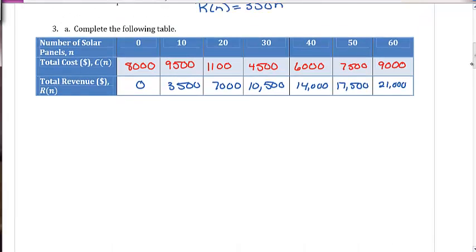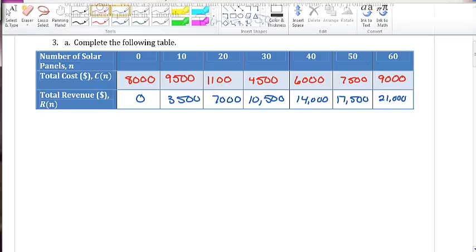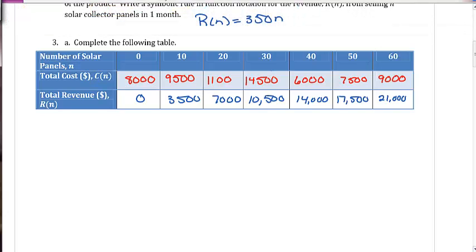Okay, and then, oh, I have some mistakes in my table. Let me go back and fix these. Let's see, what should these be? So I'm going up by 1,500 each time. This one's the one that got me off.